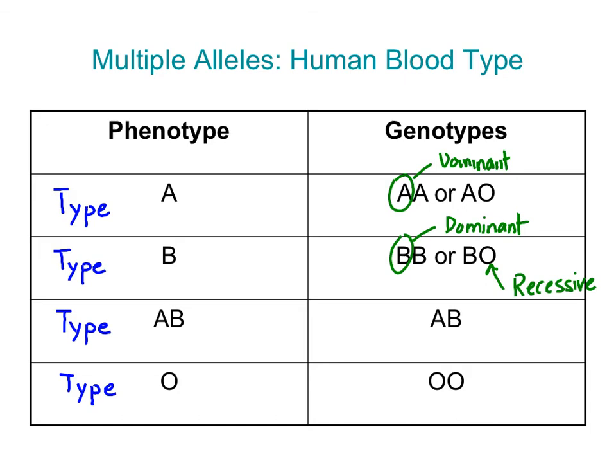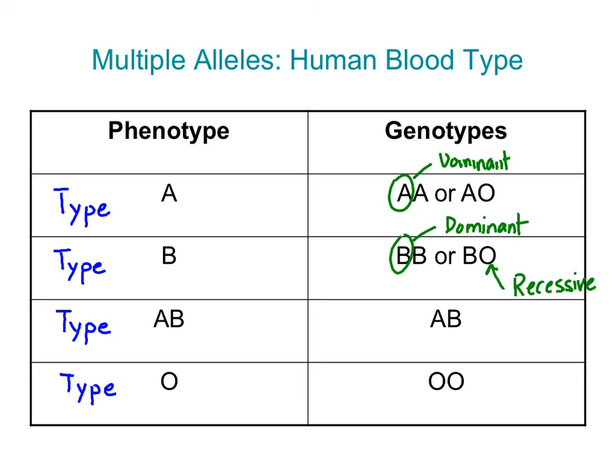For genotype, it's 2 letters. Again, you get one allele from mom, the other allele from dad. Remember, A and B are both dominant. O is recessive. So for type A blood, there's 2 possible genotypes, the homo version and the hetero version.